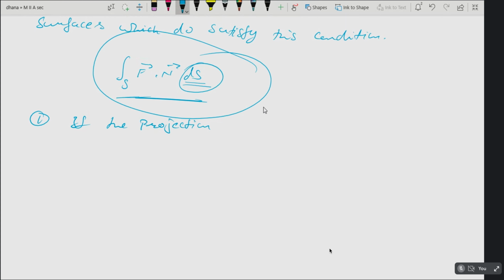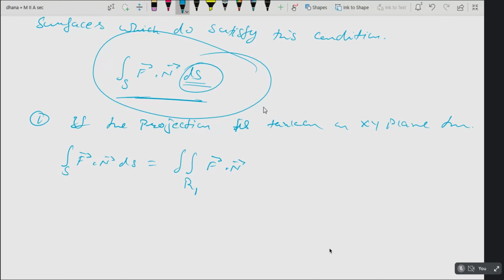Okay, so the first thing, if the projection is taken on the xy plane, then our surface integral, which is f bar dot n bar ds, will be equal to, on some region R1, f bar dot n bar.